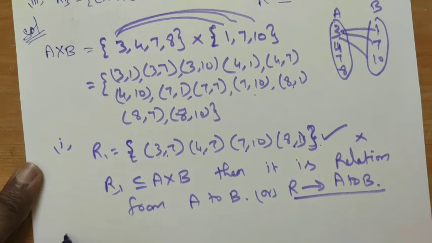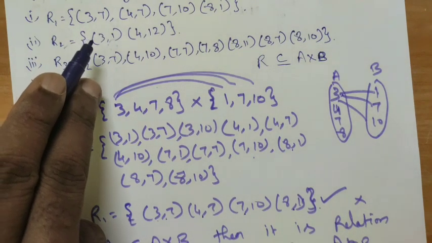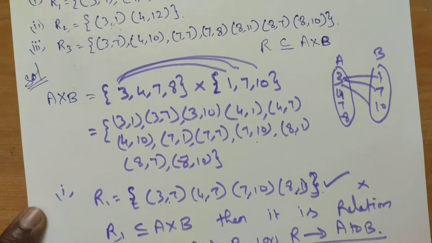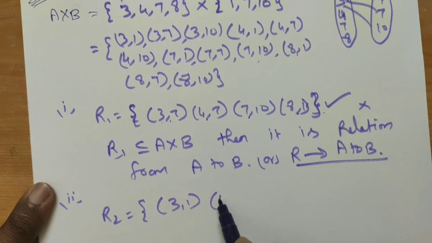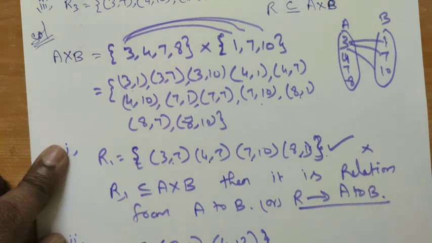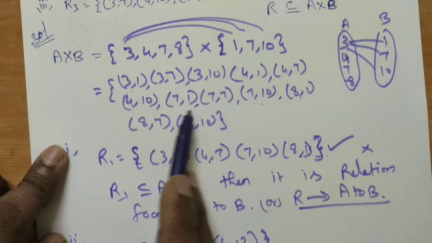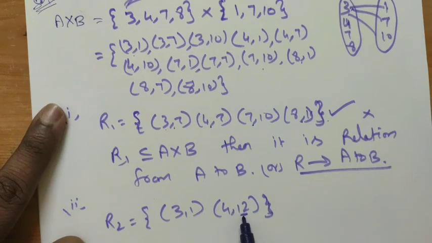Next, Roman numeral 2. R2 is given as the relation (3,1) and (4,12). Now check: (3,1) is there, but (4,12) is not, right?